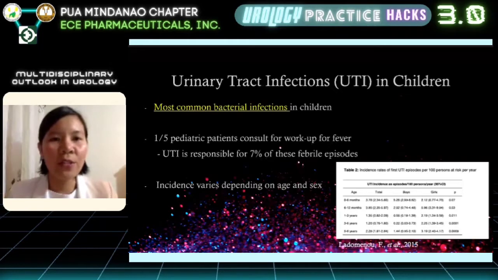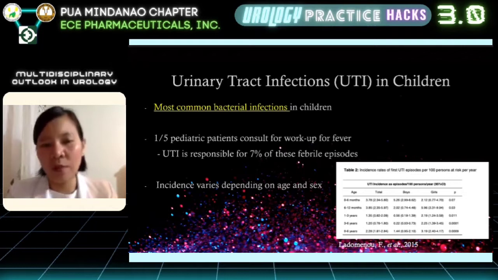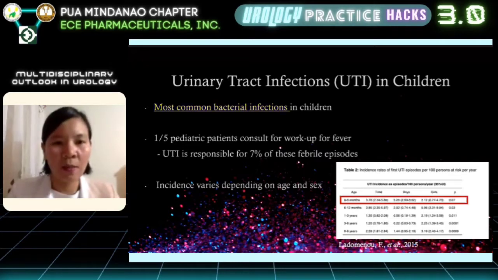Urinary tract infection in children is the most common bacterial infection in children. About 20% of pediatric patients consult because of fever, and amongst this pediatric population with fever, UTI is responsible for 7% of those patients. Incidence of UTI varies depending on age and sex.